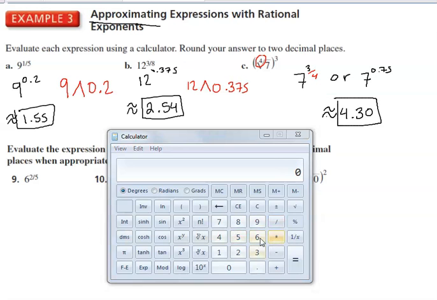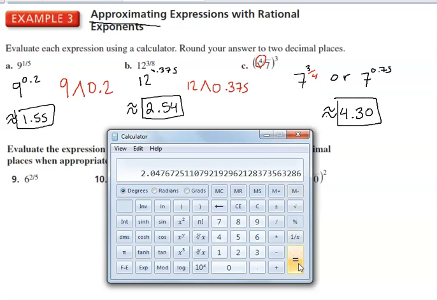If you don't have the parentheses, then your calculator will not know that all of that fraction is meant to be in the exponent. So these parentheses tell the calculator that the entire fraction is the exponent. Then when I hit equals, it'll compute it all together. So approximately 2.05.